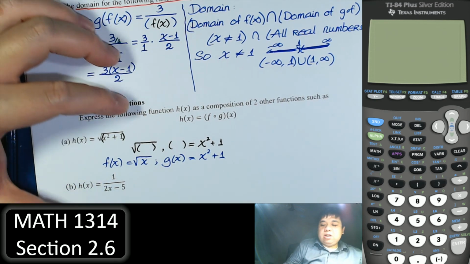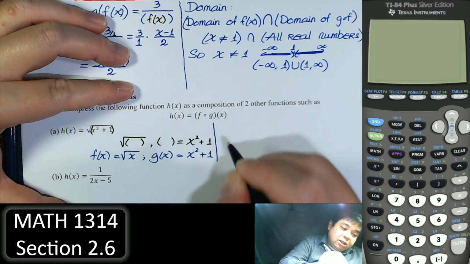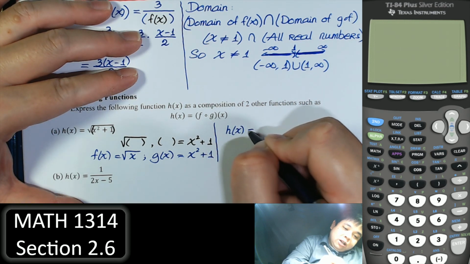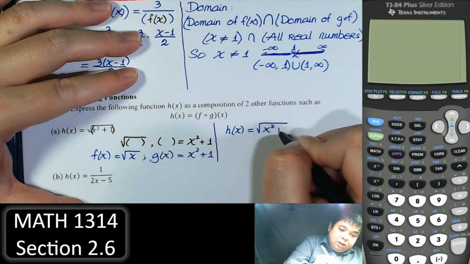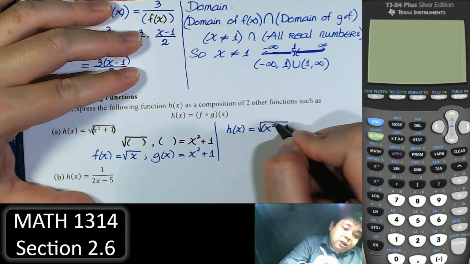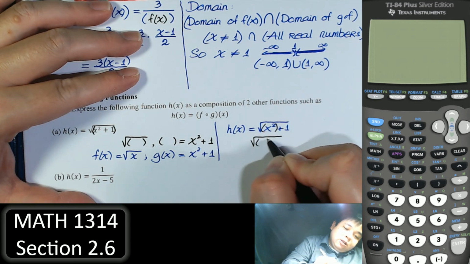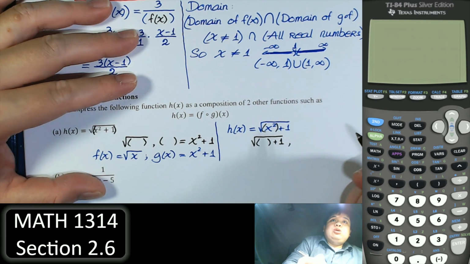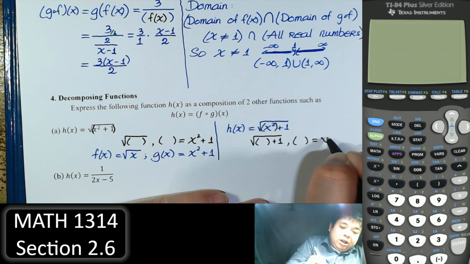Just like that. It's just the way we define it. By the way, we can also write it like this. Just going to put the parentheses around something. If this is the case, we have the function of square root of the parentheses plus 1, where the parentheses is x squared.